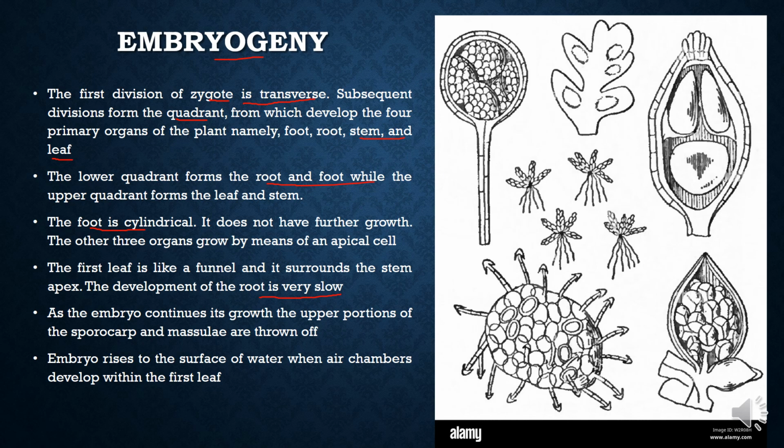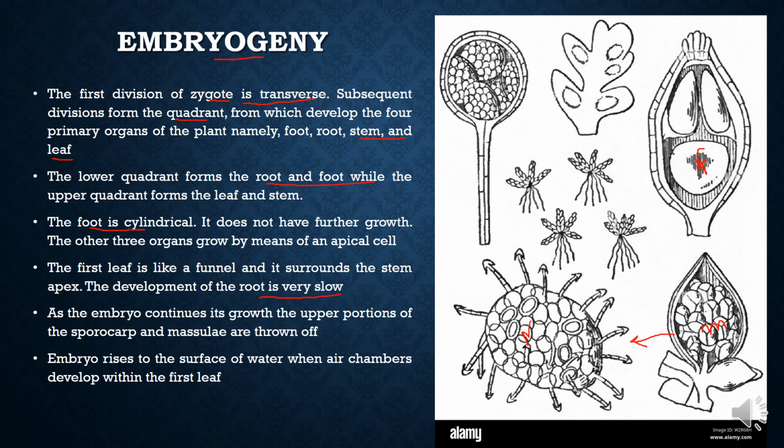So if there is a recapitulation, we see that this is the megaspore, that is the female spore. This is the microspore, that is the male spore, and the sporangium dehisces.